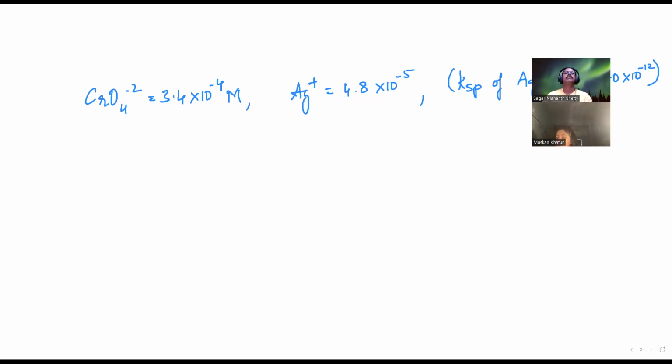And the QSP would be 1.632 times 10 to the power of negative 8. When you gave me the silver thing, it's 4.8 times 10 to the power of negative 5. But the compound, chromium oxide or whatever it is, doesn't have silver. So would it still count?